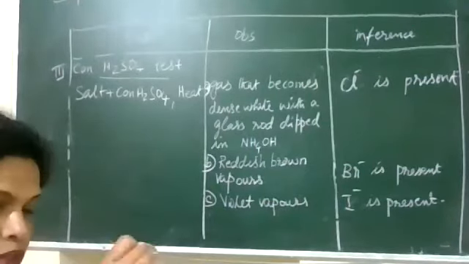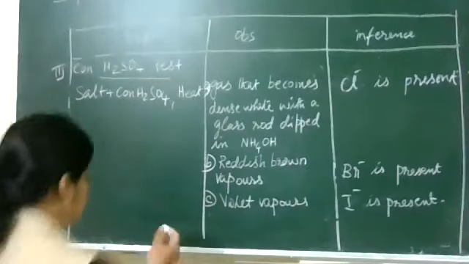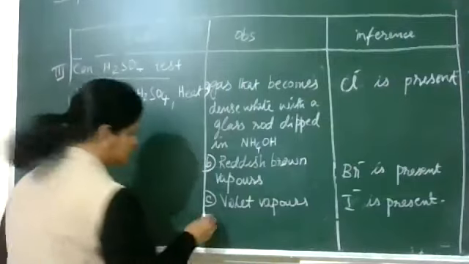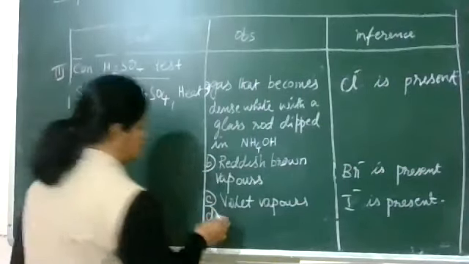So when you add this paper ball, copious evolution of reddish brown vapors. Copious evolution means thick evolution.